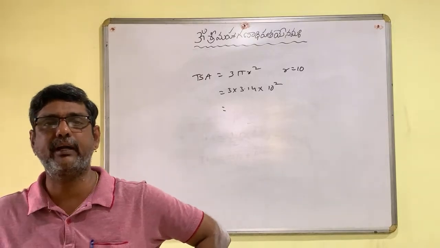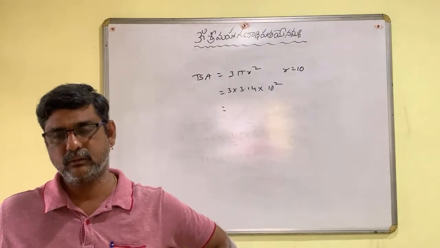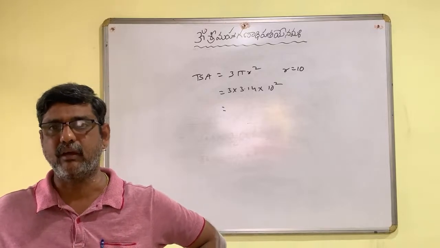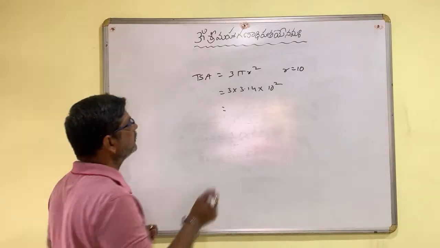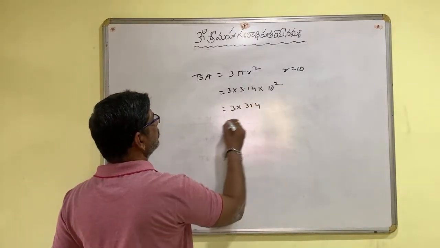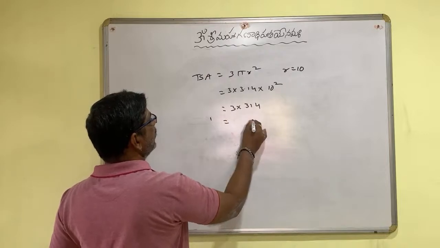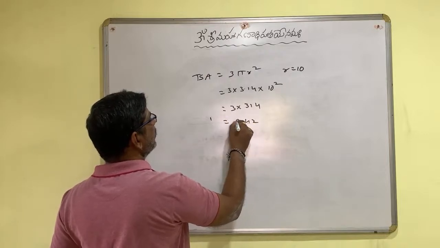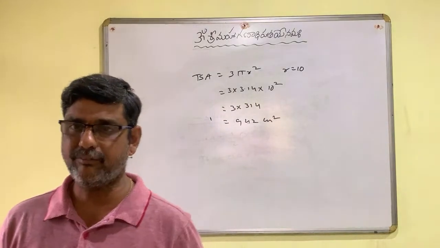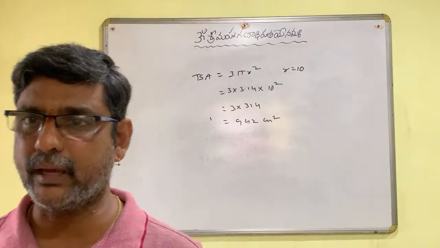You cannot take 22 by 7 on your own. It was given that pi is 3.14, you have to use 3.14. So here the answer is 3 into 3.14 into 100, which is 314. 3 4s are 12, 4, 9, 942 centimeter square.